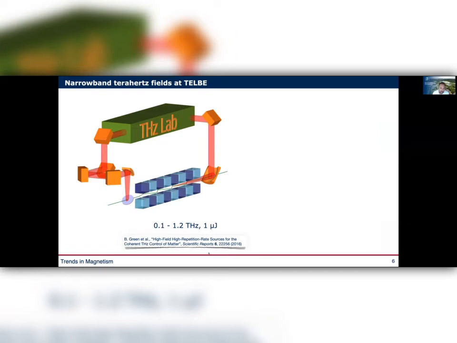You accelerate them and let them pass through an undulator, which is a series of alternating magnets that deflect the trajectory of the electrons, and in being deflected, the electrons radiate. Given the lower energy of the beam and the period of the magnets, you can tune it to get emission in the frequency range that you want. In this case, we did terahertz. Then you get rid of the electrons, here in green, and you collect the terahertz radiation and send it to a lab. In this case, the lab is upstairs from the source.